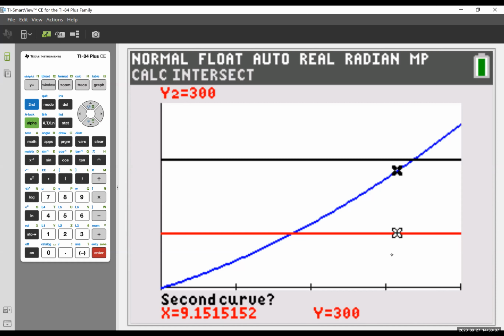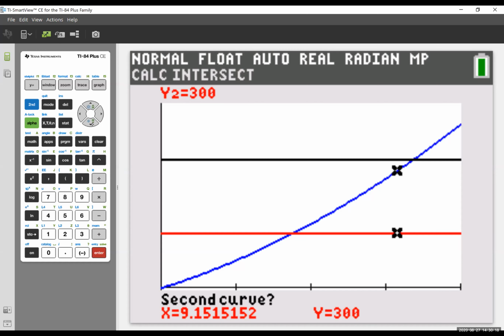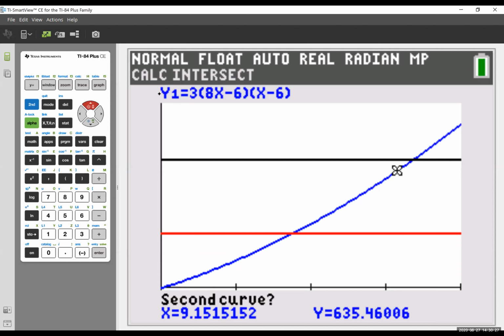So when you have more than one curve graphed on your TI, how do you get up there? Well, glad you're watching because I'm going to tell you. You press the up and down arrows to toggle between the functions. So let me show you. I can press up and notice right now the cursor is now located on Y1, i.e. the volume.